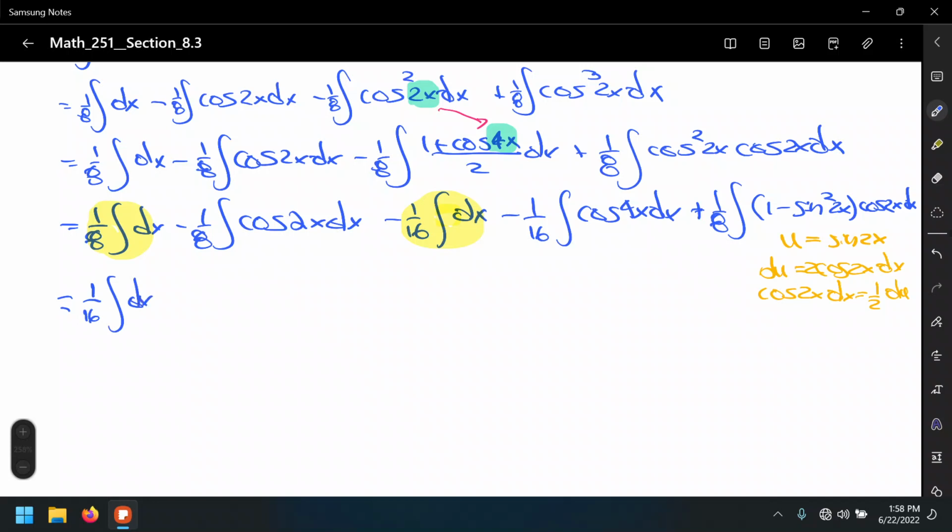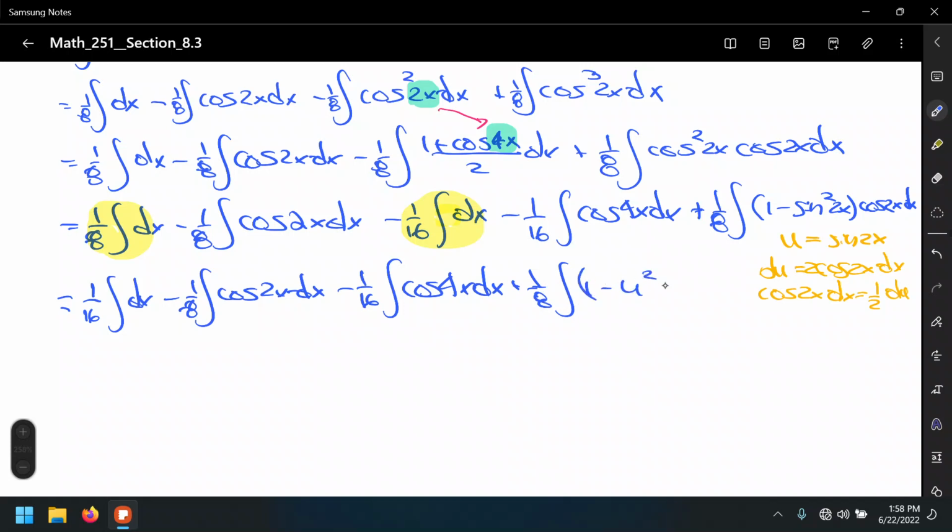And then the integral, minus 1/8 the integral of cosine 2x dx, and then no need to write this one again, minus 1/16 integral cosine 4x dx, and then 1/8 integral of 1 minus u squared times 1/2 du.